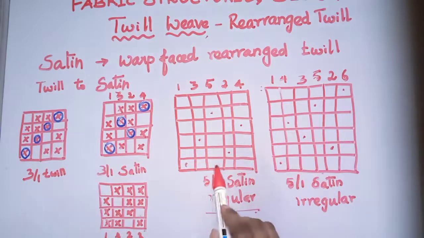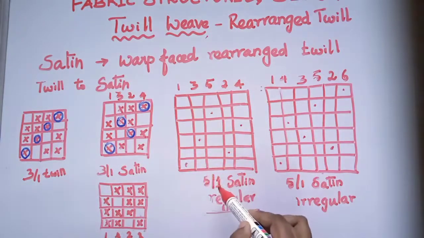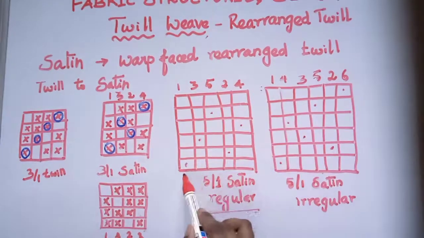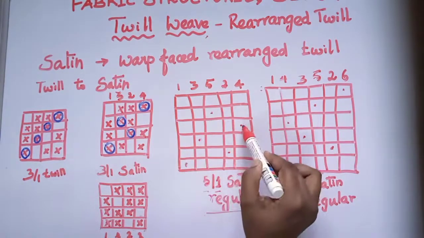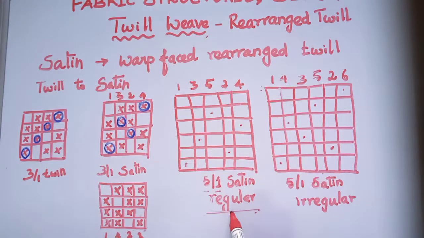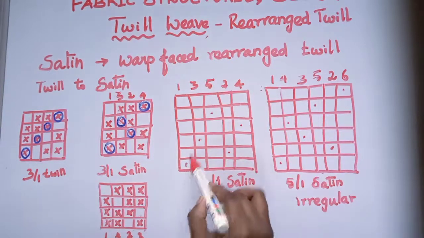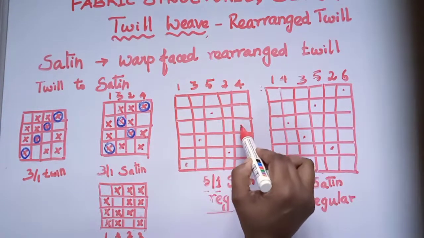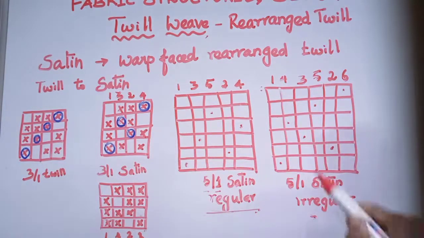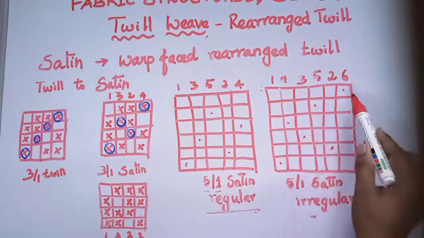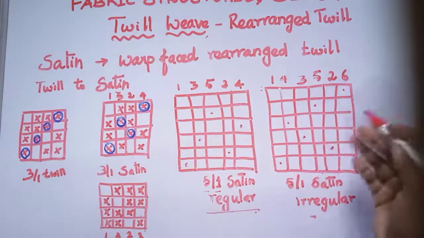If you are going to draw a satin weave, you have to fix the number of warp up and warp down, and then fix the starting point. If it is a regular satin, you arrange the starting point in a regular pattern. If it is irregular, you rearrange the starting point in any random order.